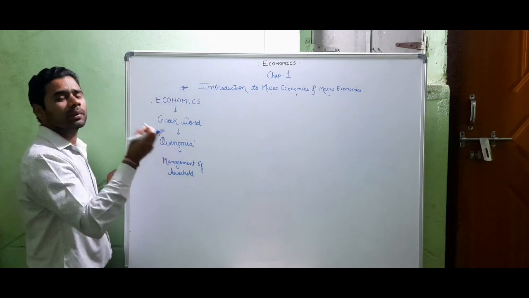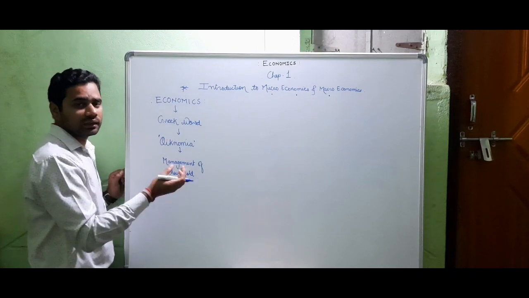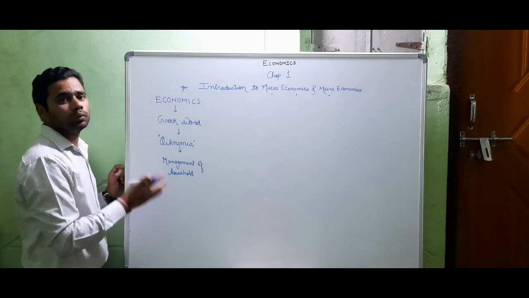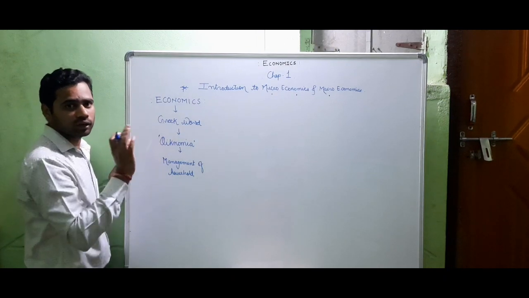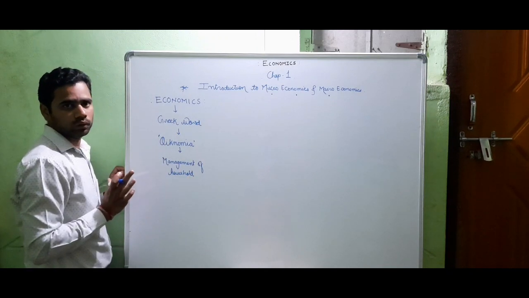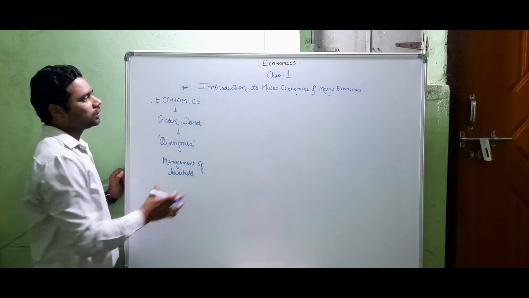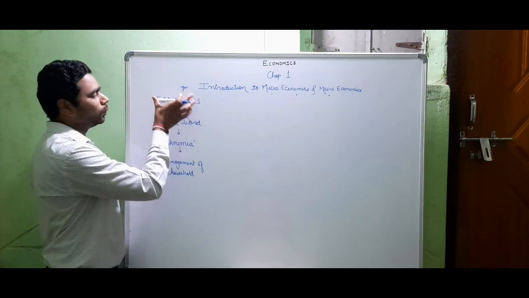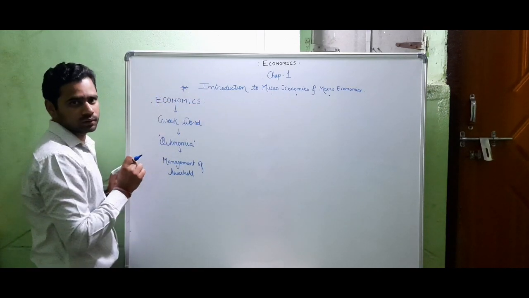And from that respective incomes, they manage their day-to-day expenditure so as to satisfy their different wants. That is called as management of household. Okay? So this is all regarding the origin of the word economics.